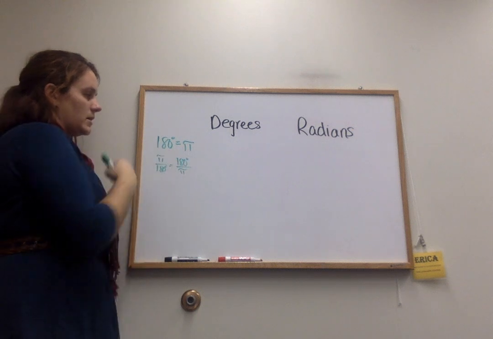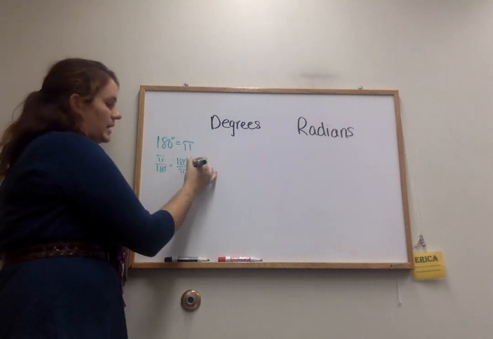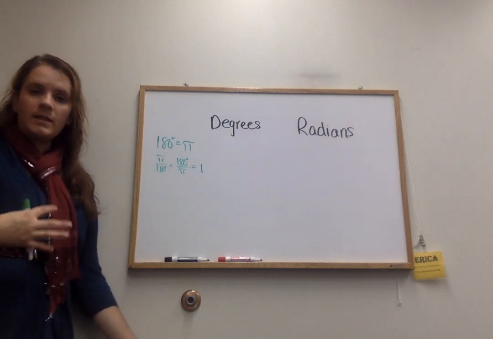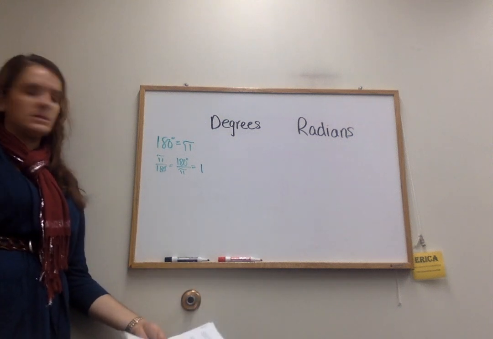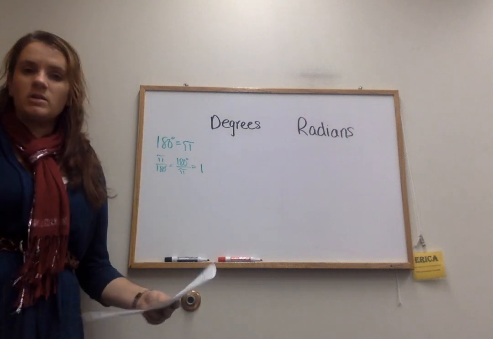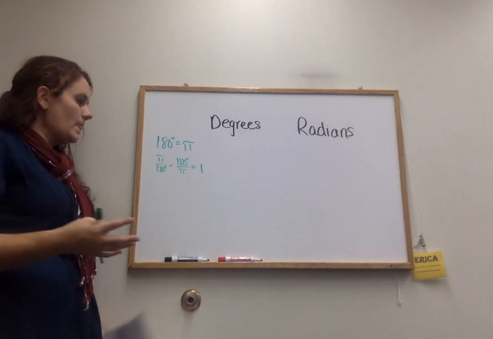Since these values are equal to each other, since 180 degrees is the same thing as pi radians, these fractions are equal to 1. And what that lets us do is to take a particular angle, whatever it happens to be, and multiply it by one of these 2 fractions. Because we can multiply anything by 1 and it doesn't change the value of that number.